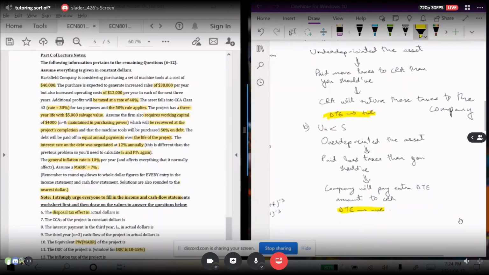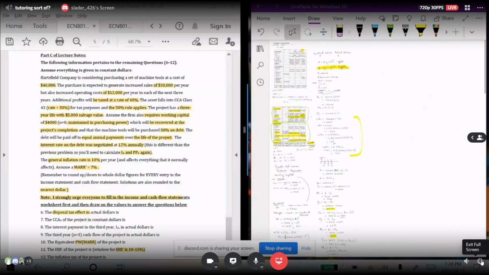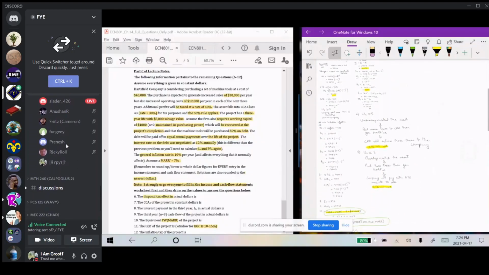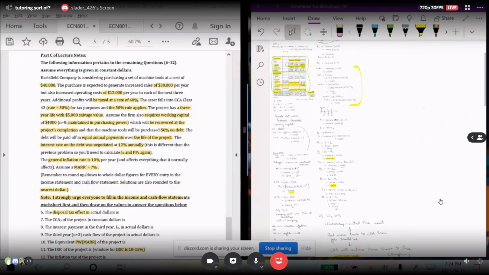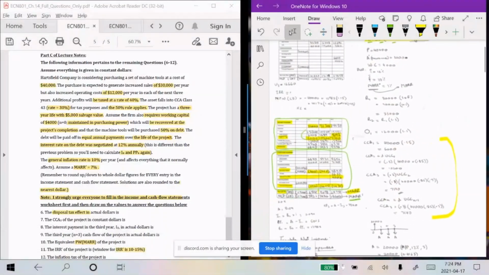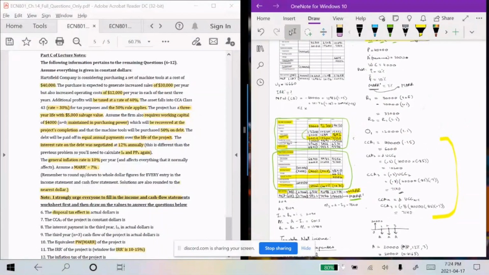I think that should be it for chapter 14. The question is basically going to be just like this, with some variations in the calculations. The salvage value could be decreasing exponentially, or the CCA could be straight line, or the debt interest could be something else.